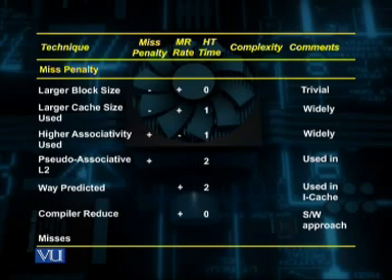The compiler technique is used to reduce the misses, and this is basically a software-based approach which has 0 complexity.